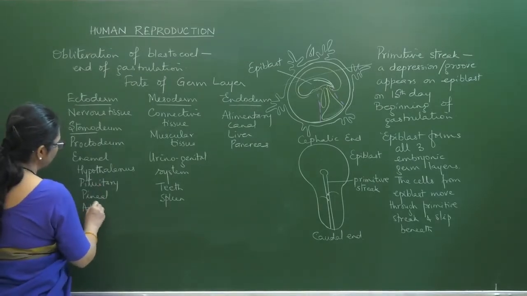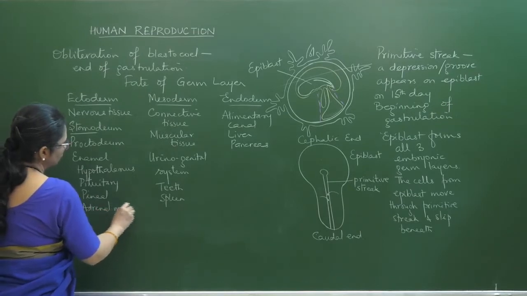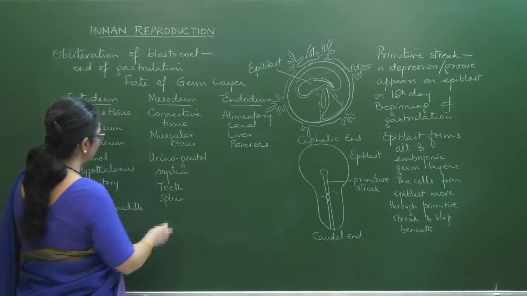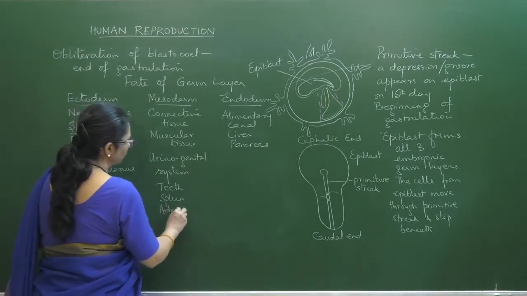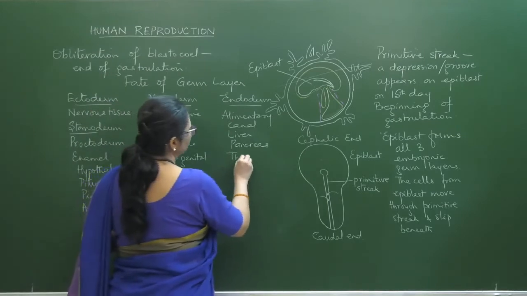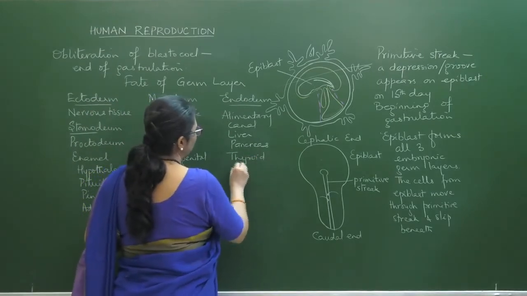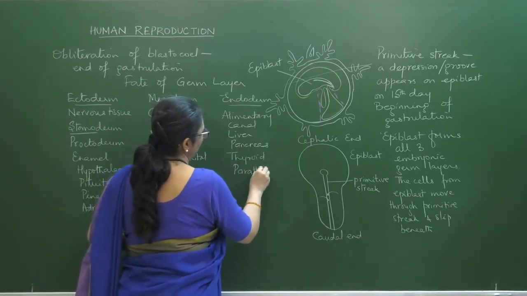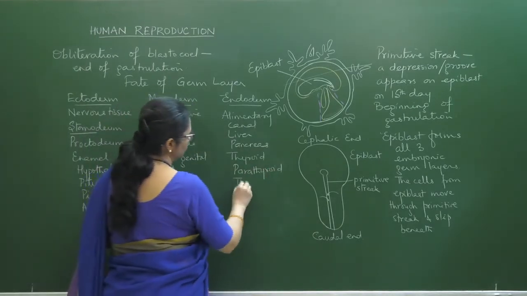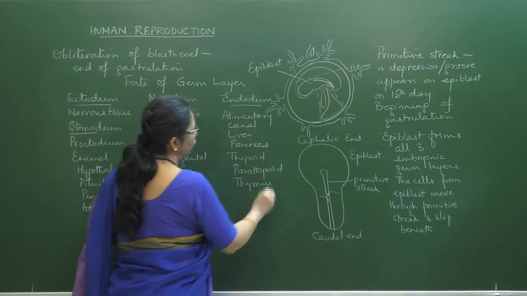Then adrenal medulla develops from the ectoderm, but adrenal cortex develops from here. Thyroid, parathyroid, and also the thymus develop from endoderm.